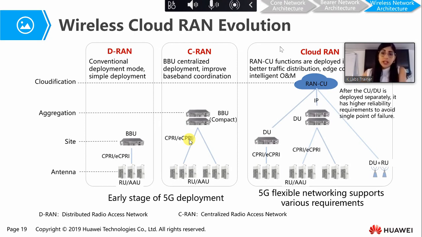The communication interface between the centralized unit and the distributed unit is called the F1 interface. So whenever you see the F1 interface, this is the interface between the centralized unit and the distributed unit. Together, the distributed unit and the centralized unit perform exactly the same function of the baseband processing, the baseband unit.